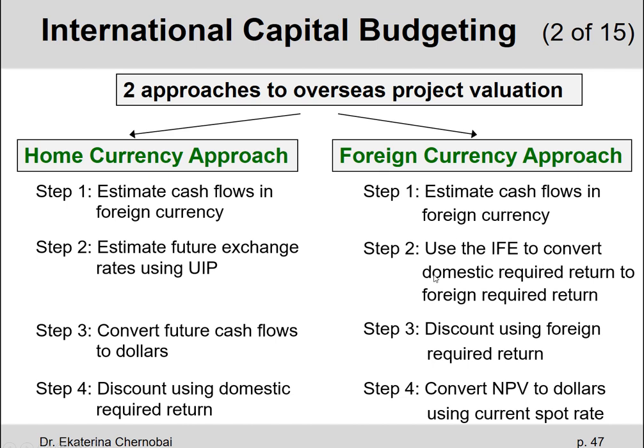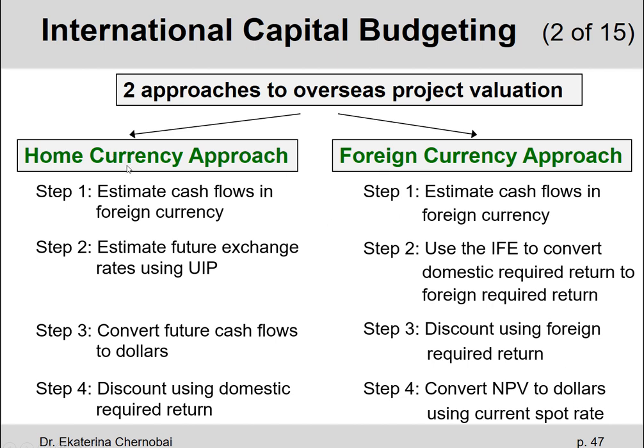What do we use for the discount rate for that NPV calculation? We use the International Fisher Effect to convert the domestic required return to foreign required return. And then we do the discounting to find the NPV, which will be denominated in the foreign currency rather than in dollars. And only in the last step, we convert the foreign currency NPV into dollars using today's spot exchange rate.